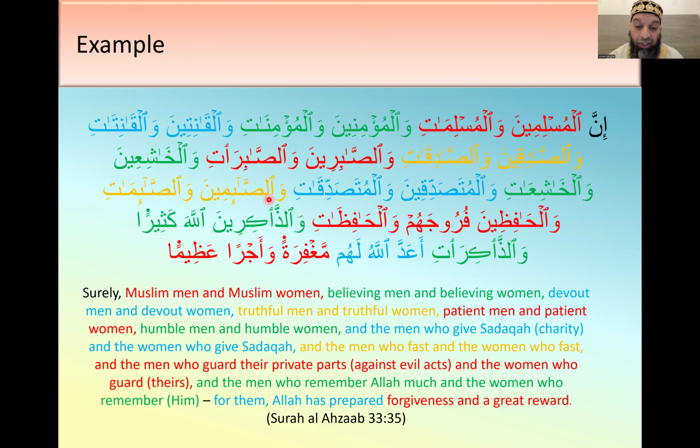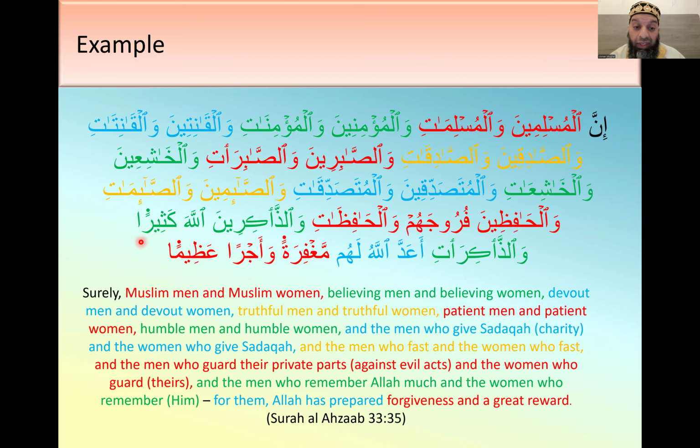So, was-sa'imina, sa'im is the one who fasts. Was-sa'imina, those men who fast. Was-sa'imati, and those women who fast. Wal-hafidhina, those who guard, right? Furujahum, those men who guard their private parts. Wal-hafidhati, and the women who also guard their private parts.